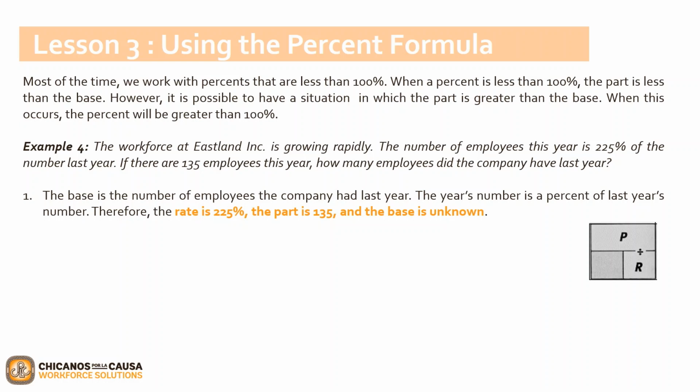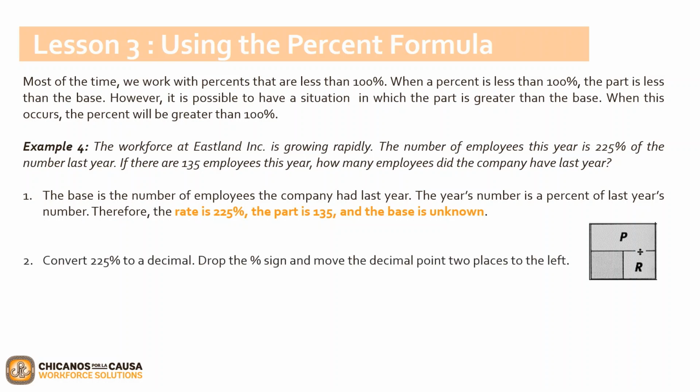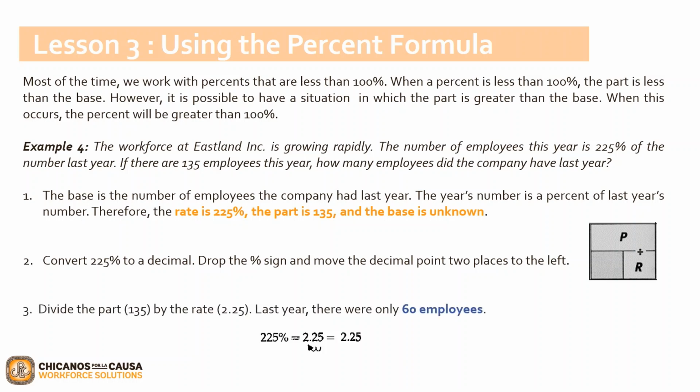Second, we convert 225% to a decimal: drop the percent sign and move the decimal point 2 places to the left, which gives us 2.25. Third, we then divide the part 135 by the rate 2.25, which gives us our answer that last year there were only 60 employees.